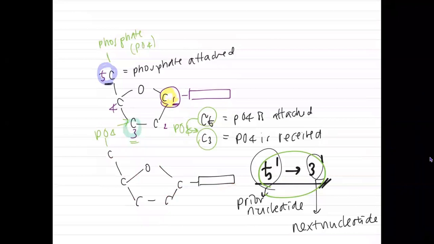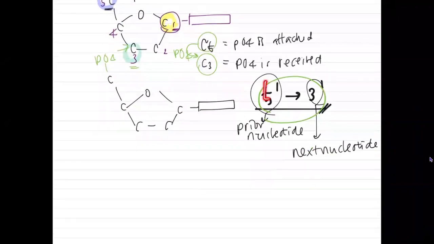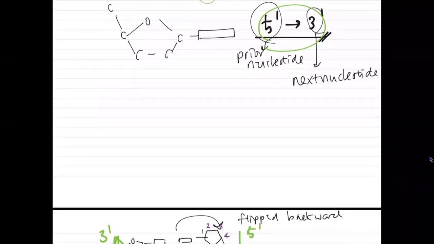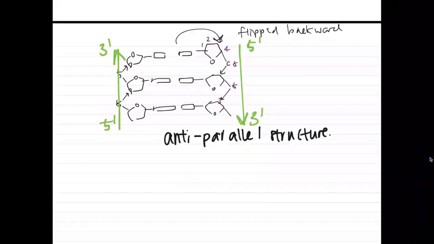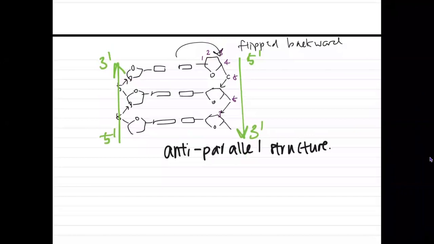And because this flows in a 5 to 3 fashion, the double-stranded DNA structure has an anti-parallel structure. So everything gets tied together, and that's how you should be remembering the DNA structure.